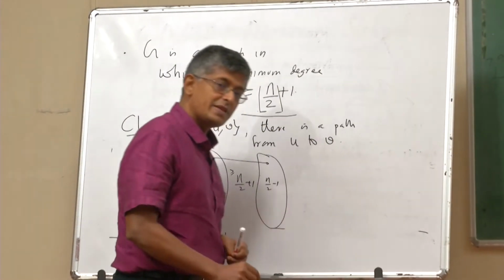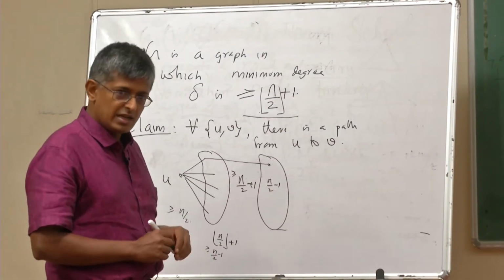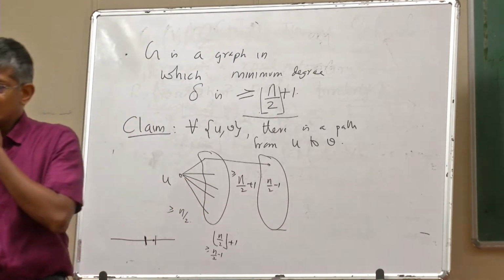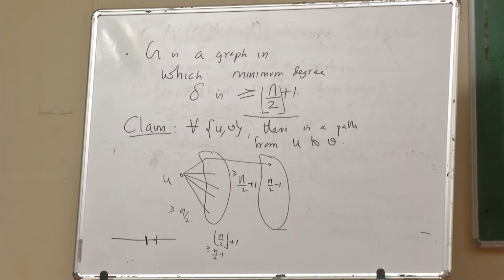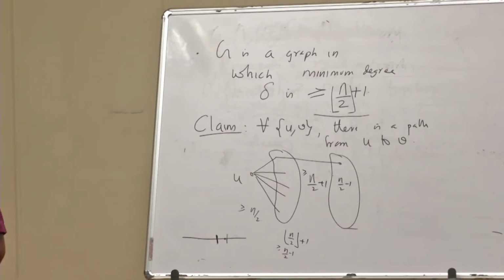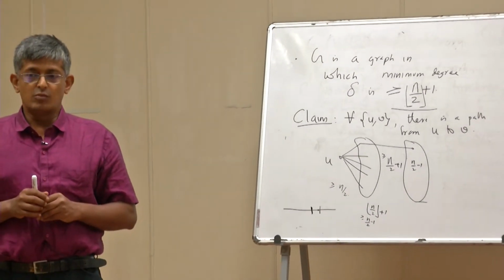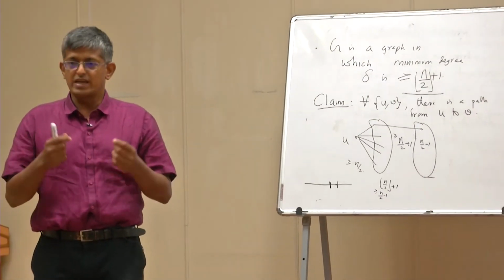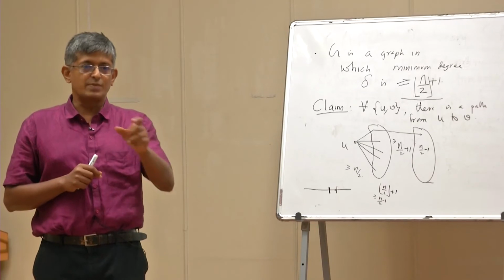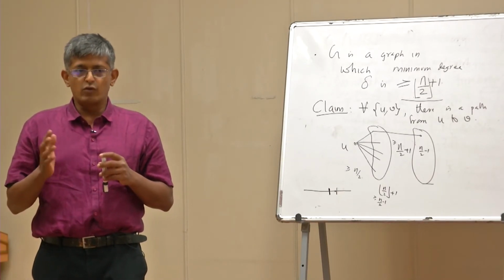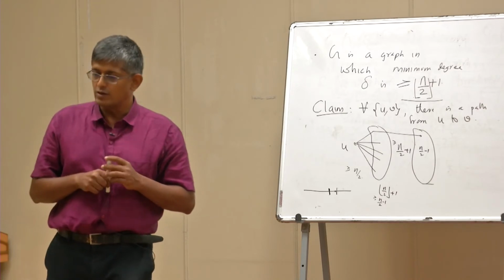You can also prove something stronger, which we have actually done. We can ask, how long is the path between any two? What is the length of the shortest path? How many edges are there? Is it 3, 4, 5, 6 or what is it between any two?